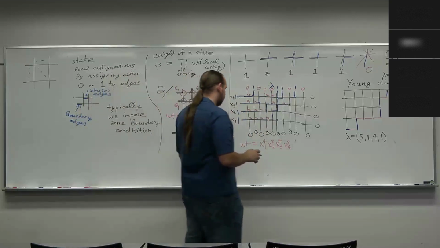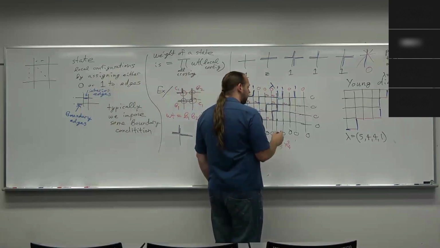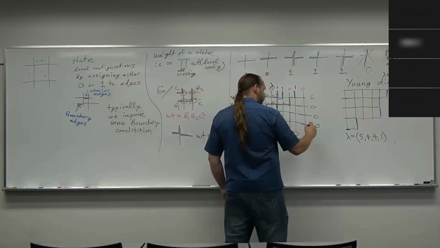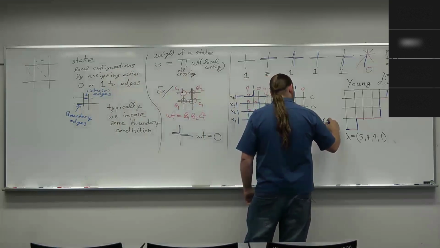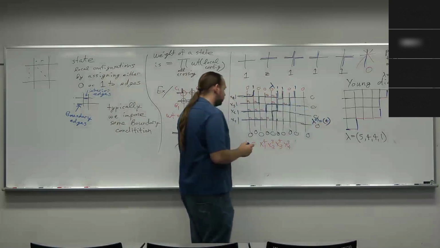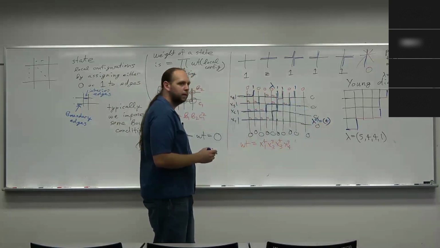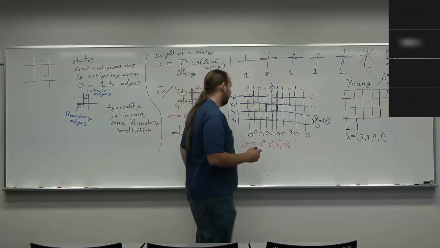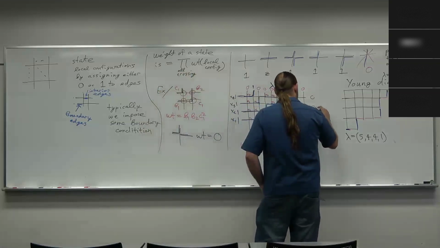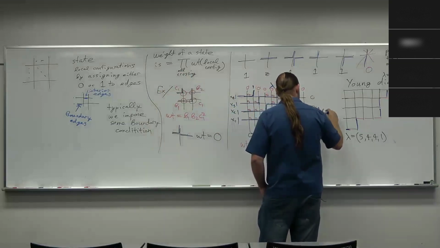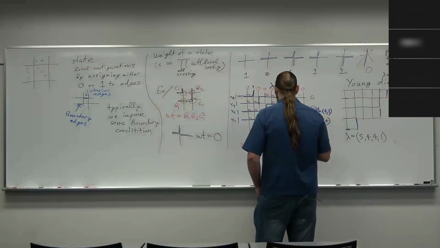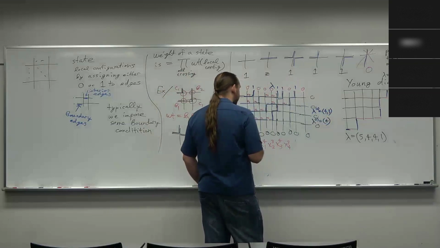But let me just do it, and you'll be able to see. So I'll write lambda upper 1 is just 4. And then lambda upper 2 will be 4, 3.